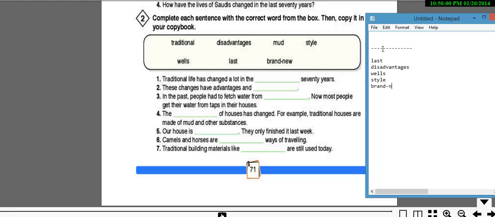And the next one goes: camels in houses are traditional ways of traveling. And then traditional building materials like mud are still used today.